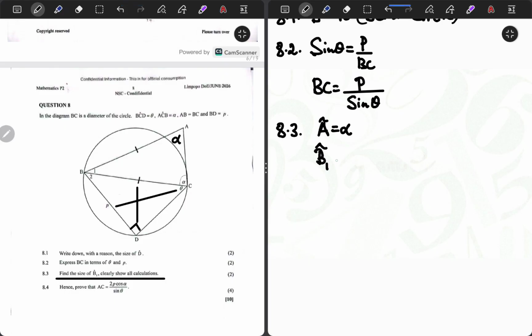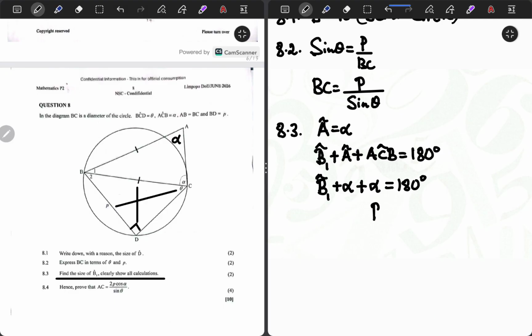So B1 plus angle A plus angle ACB will be equal to 180, sum of angles in a triangle. B1 is what we're looking for, plus angle A, which is alpha, plus alpha equals 180.